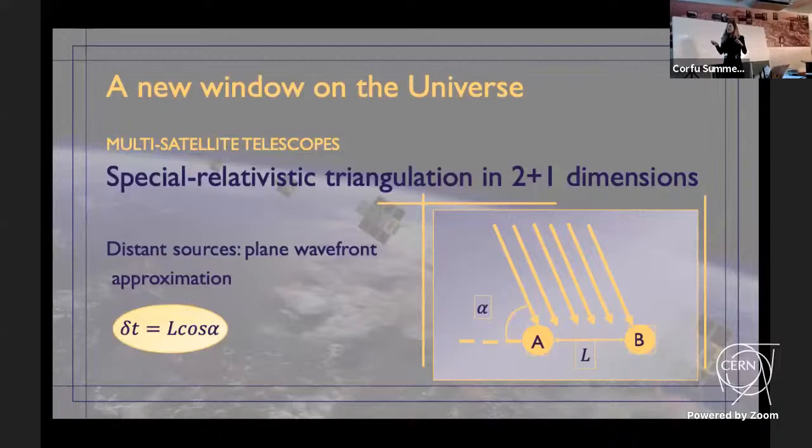So let us briefly recap how such telescopes can actually measure angles, because we want to stress that the large baselines that will be reached will improve very much the sensitivity in angular measurements. So consider a distant source for which we can apply the plane wavefront approximation.